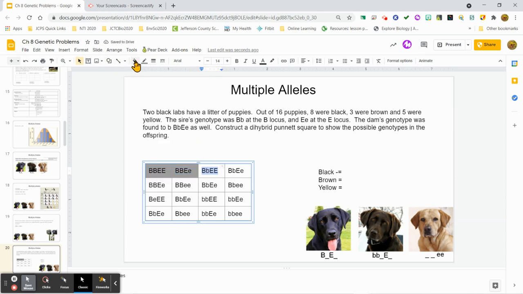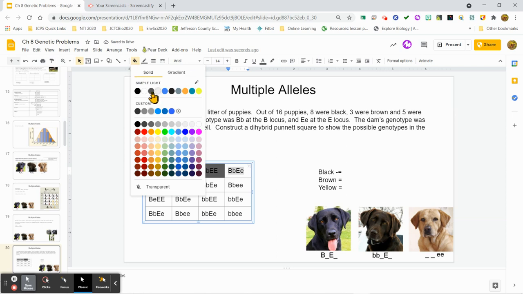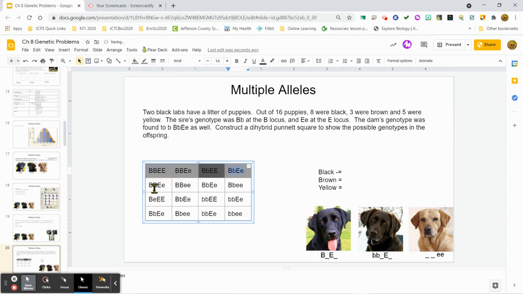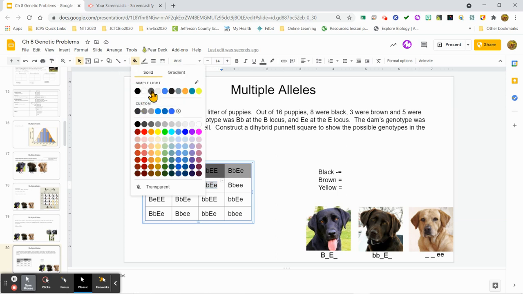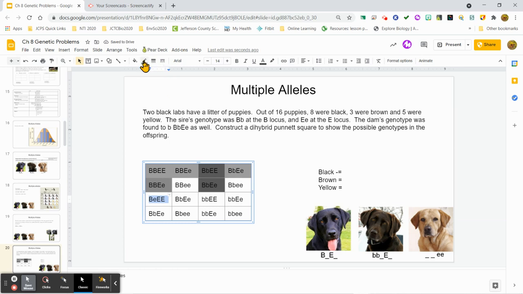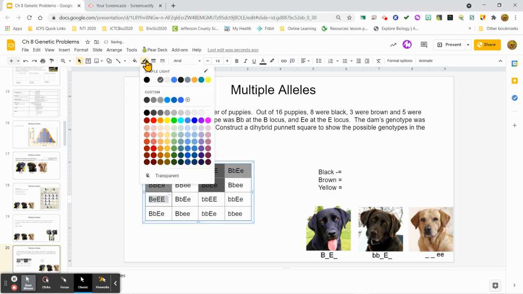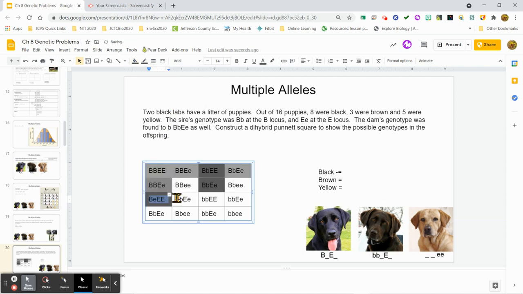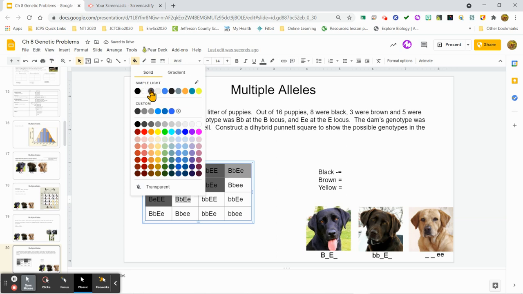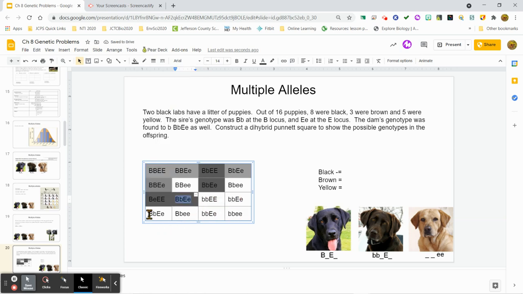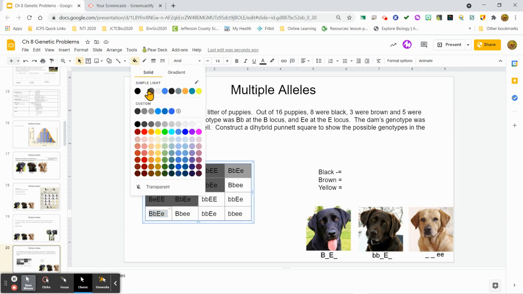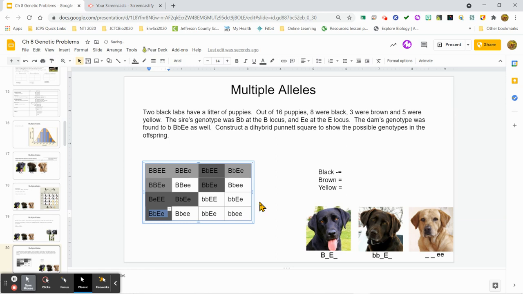It has to have a big B and a big E. All right, so I think that's all of them.